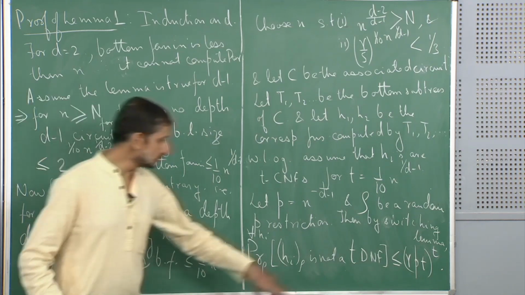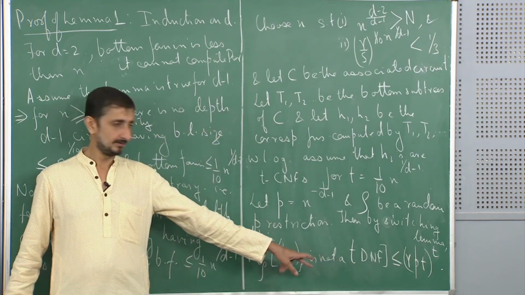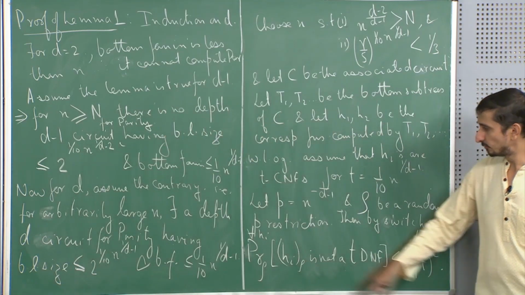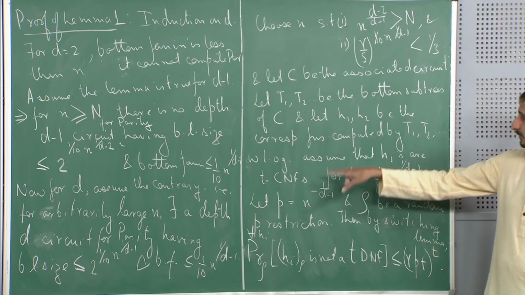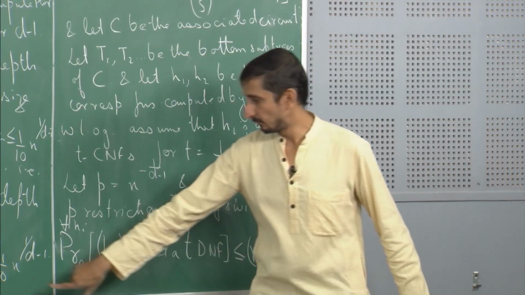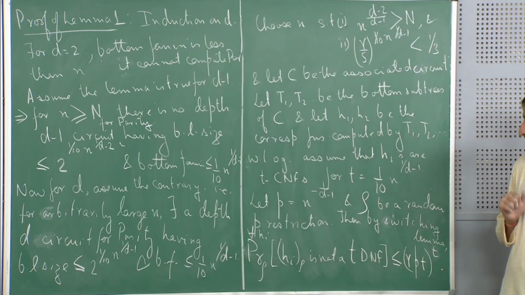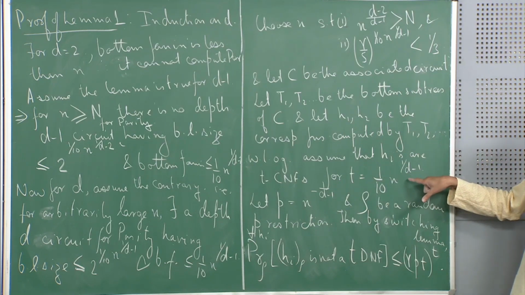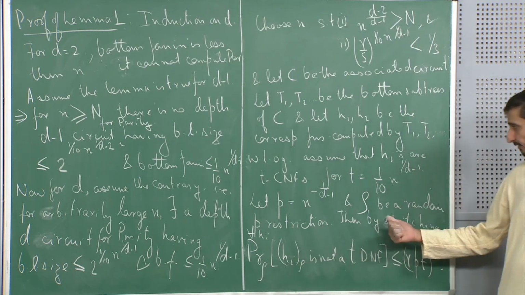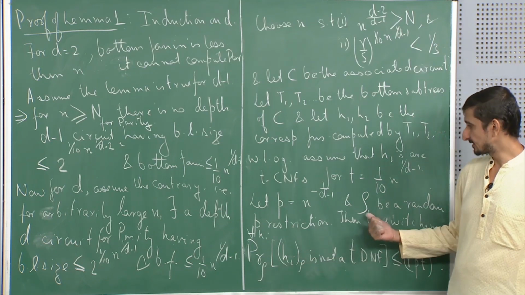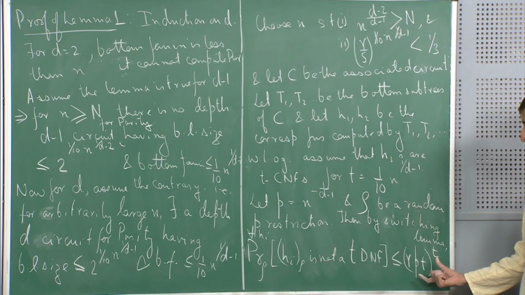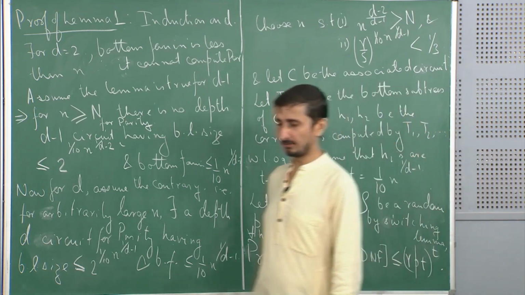I choose my S to be t as well, that is why I get gamma p t to the power t, and this is true for each and every hi. Because all the hi's have bottom fan-in bounded by 1/10 n to the power 1 over d minus 1, which is my value of t, I can apply this. So if I apply a random p restriction rho, then with probability at most this, it will not be a TDNF.